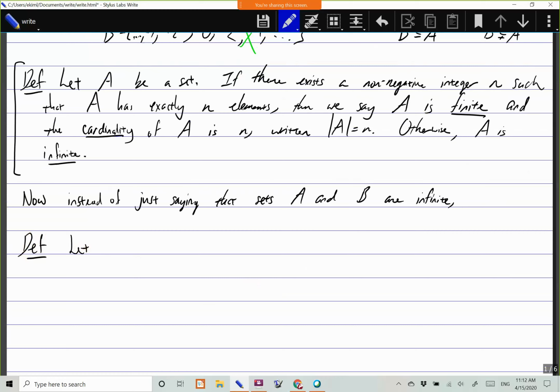So here it is. Let A and B be sets. You'll notice in this sentence, you need two sets. There is no requirement in this definition whether A and B are infinite or finite. Just A and B are sets, any two sets. Then we say A and B are equicardinal.